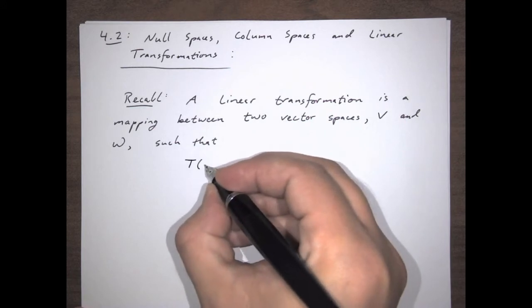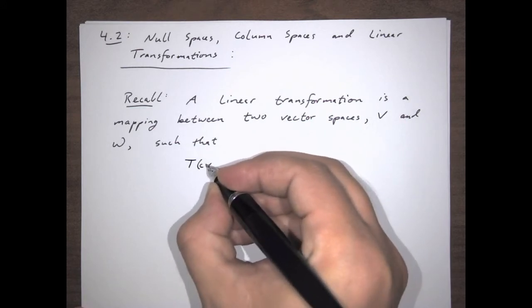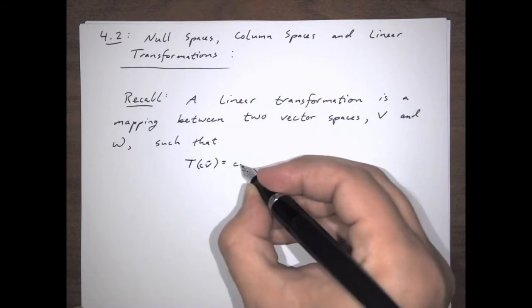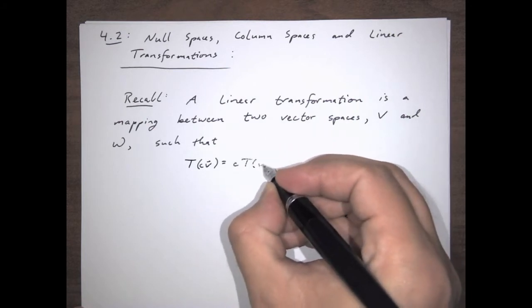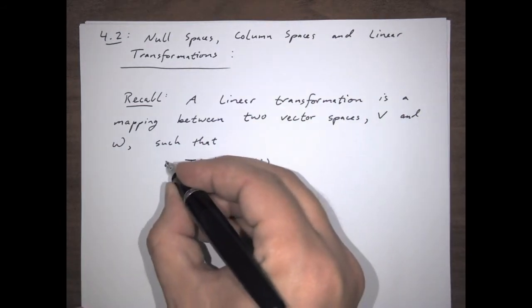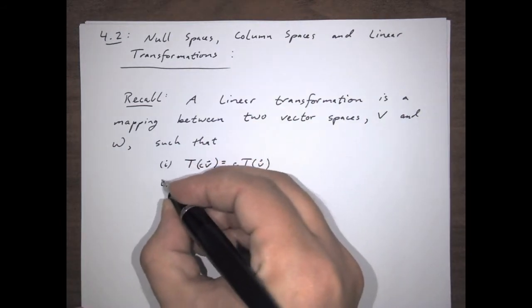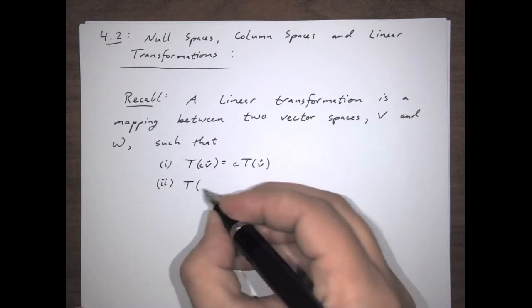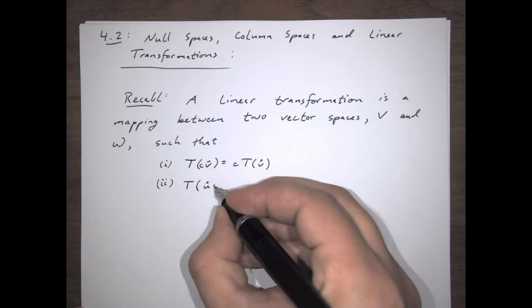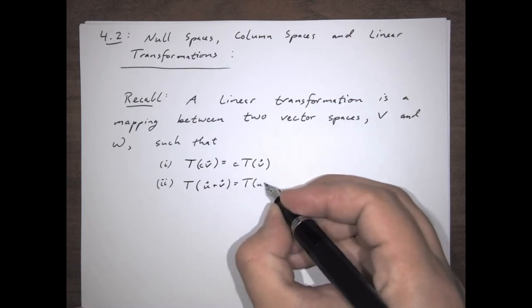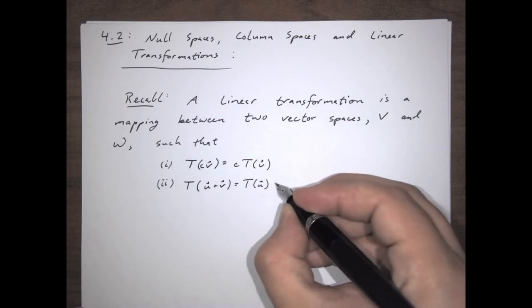One, T of any scalar multiple of a vector v is equal to c T of v, and two, T of any u plus v has to equal T of u plus T of v.